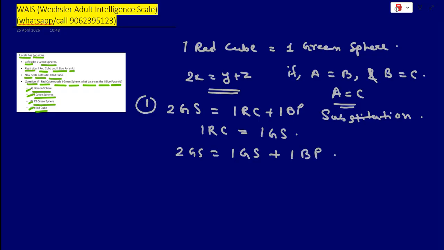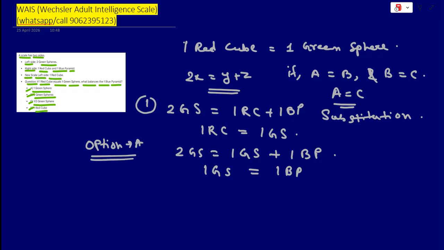Now the subtraction part comes. If we take away one green sphere from both sides, what's left? Left side is one green sphere and right side one blue pyramid. So one green sphere balances the one blue pyramid, and the answer is option A.